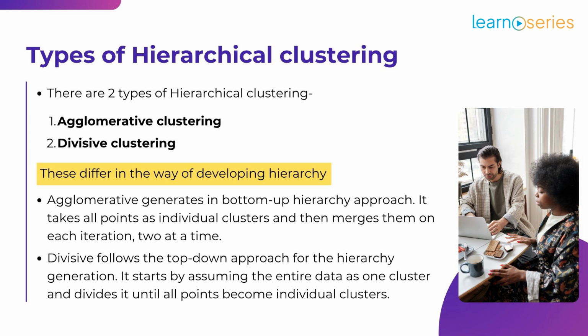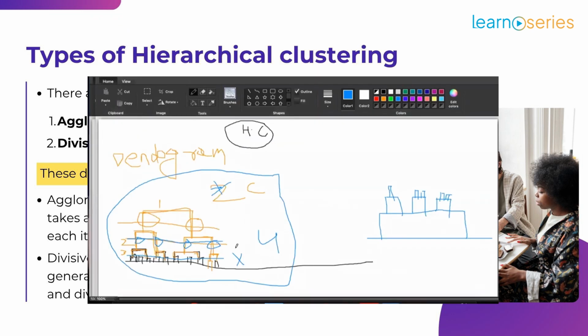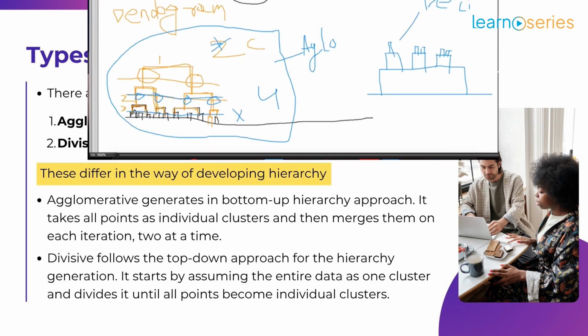These differ in the way of developing a hierarchy: agglomerative clustering and divisive clustering. This is called agglomerative, and this is called divisive. But most of the time we go with agglomerative.